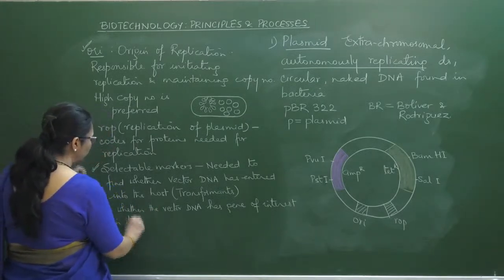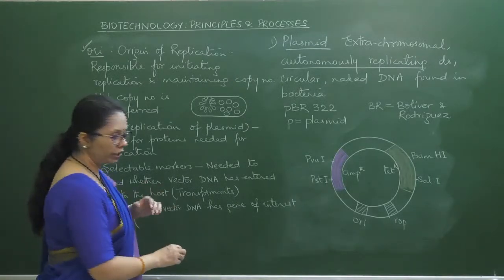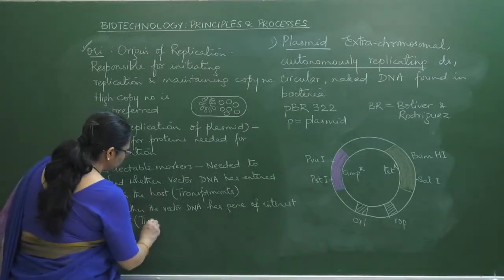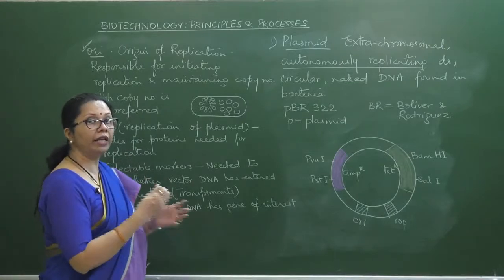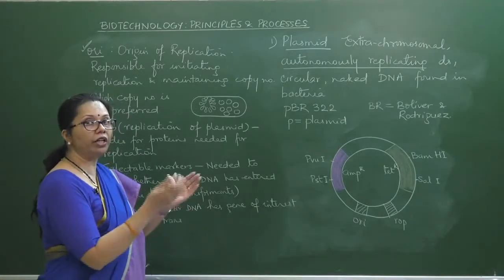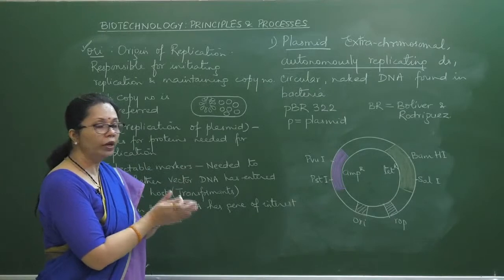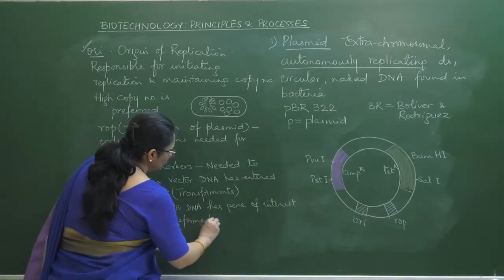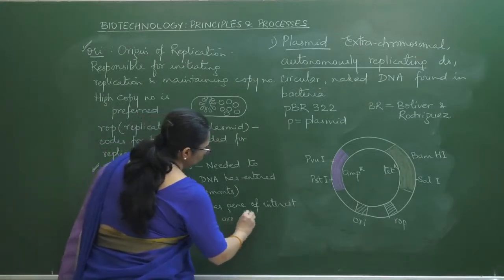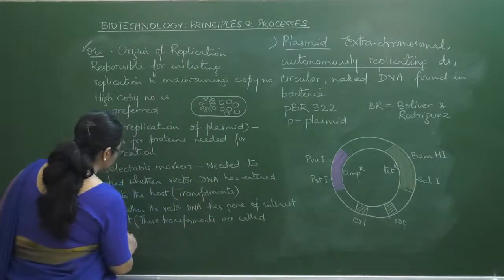Those transformants who have taken the correct vector DNA along with the gene of interest integrated are called recombinants.